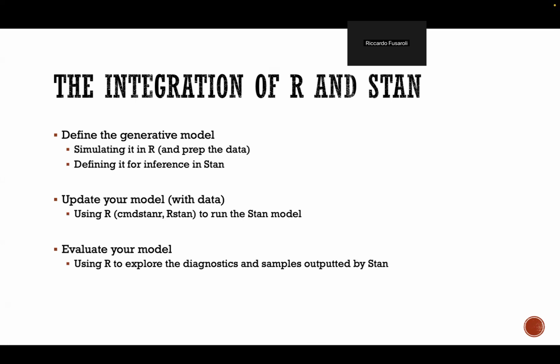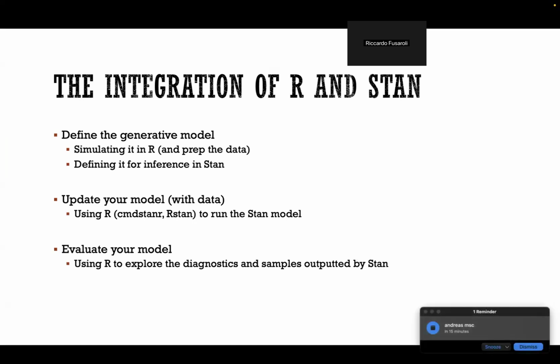Some people are a bit nitpicky and say, if you use PyMC, you use Python all the way through. If you use Julia, you write your generative model, and then you push a button, and it also does inference. And that might be true, but first, I've never seen it actually work.